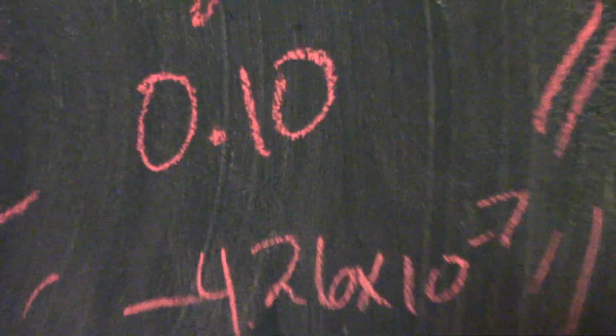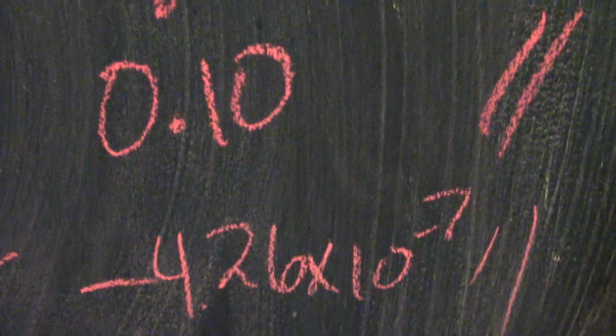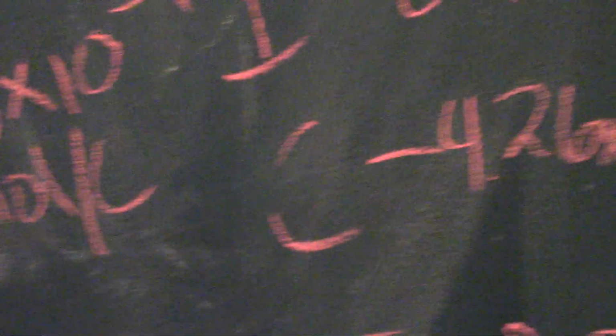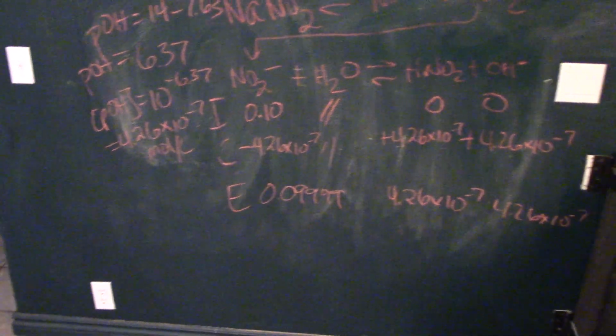And 0.1 minus 4.26 times 10 to the negative 7 is going to be 0.09999. And then this is 4.26 times 10 to the negative 7 and 4.26 times 10 to the negative 7. Okay, so here's my ICE table.